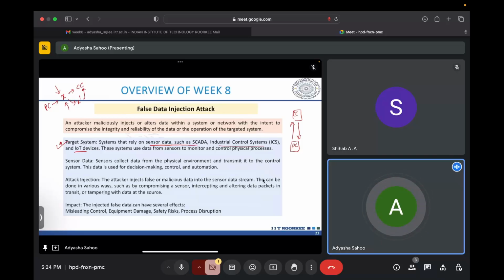Using this, the attacker will inject false data into the sensor data that is coming, and it will alter the data packets. This will then be sent to the other end of the communication. So it will try to mislead between the physical layer and the control layer.